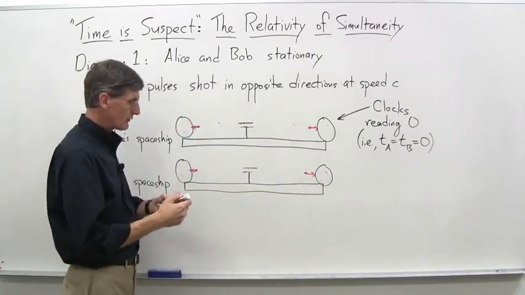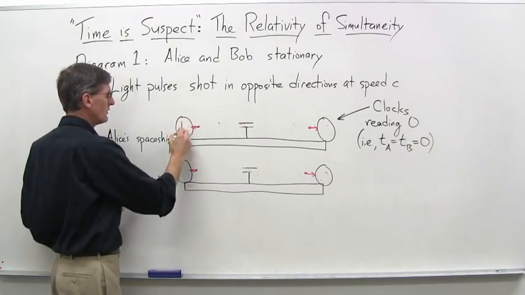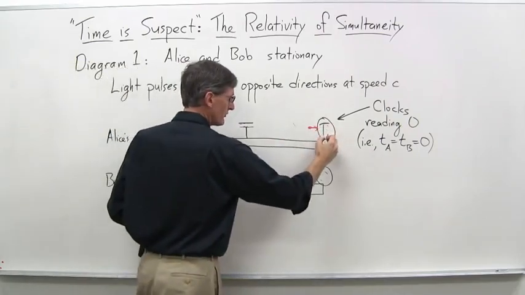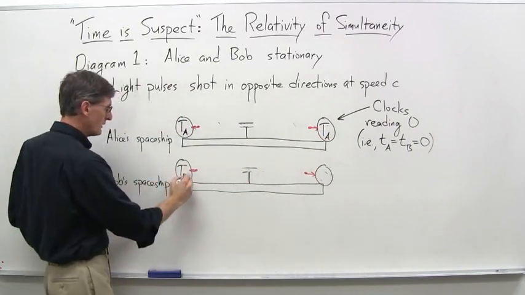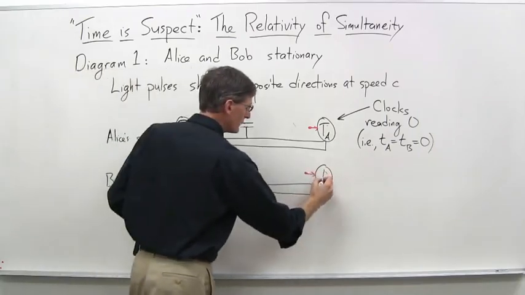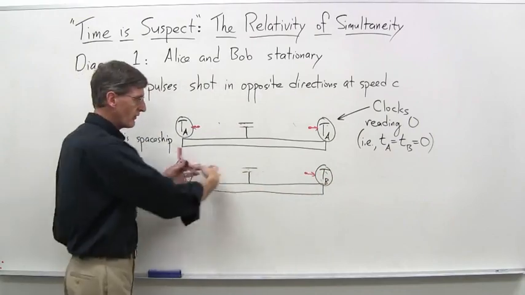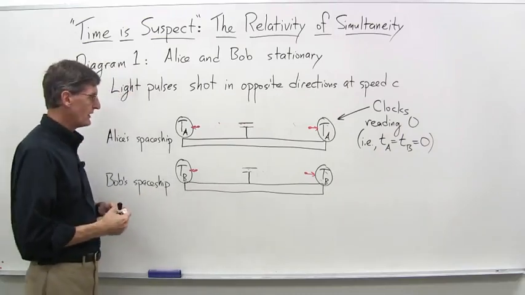Then when they reach the clocks, we'll say, okay, this is time t sub a on that clock. And of course, since Alice's clocks are synchronized, it'd be at time t sub a on that clock. And for Bob's clock, this would be time t sub b. And of course, over here on his clock, it'd also be t sub b, assuming that the distances are equal in terms of the length traveled by each light pulse.